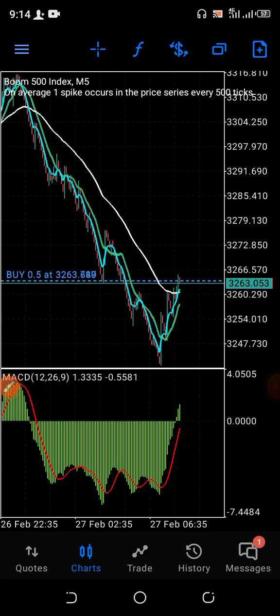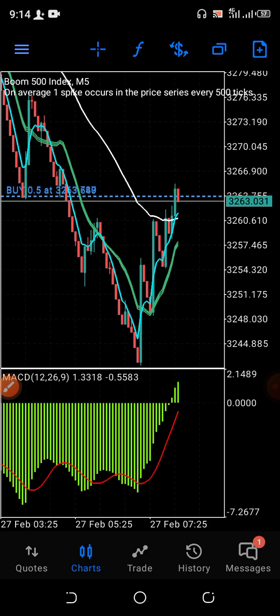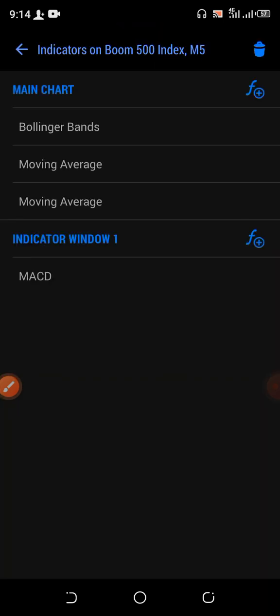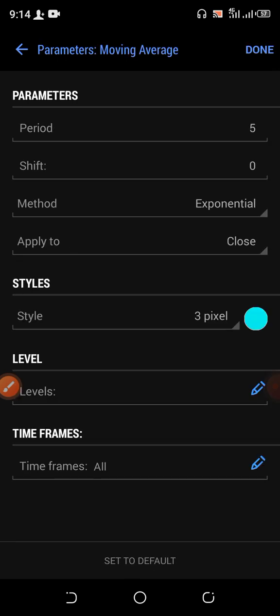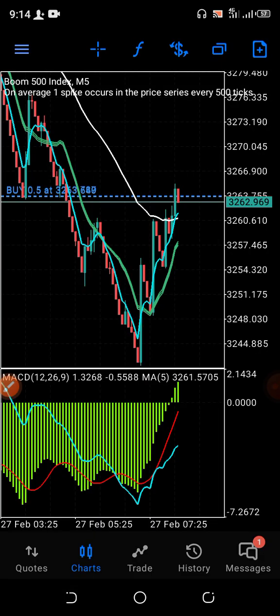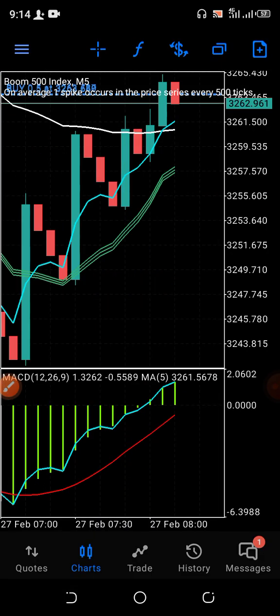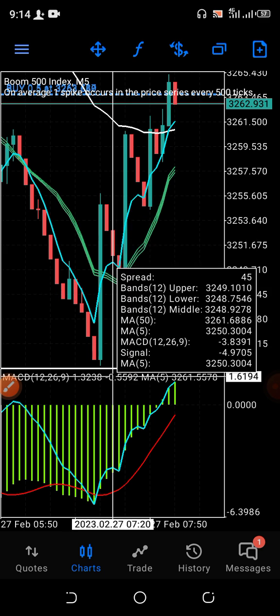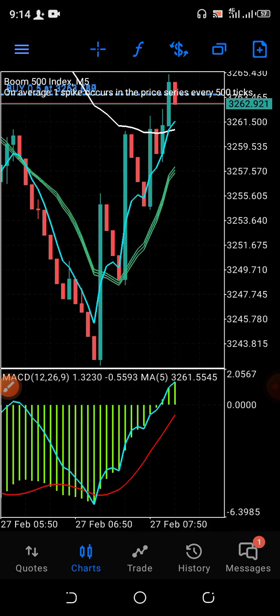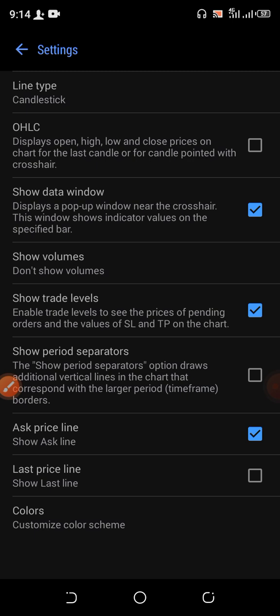Then you zoom out 1, zoom out 2. This is the best zoom you're supposed to use. Then on indicator window 1, I'll be adding a moving average 5 to be able to ascertain a cross.